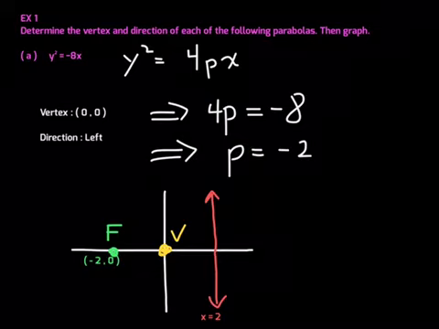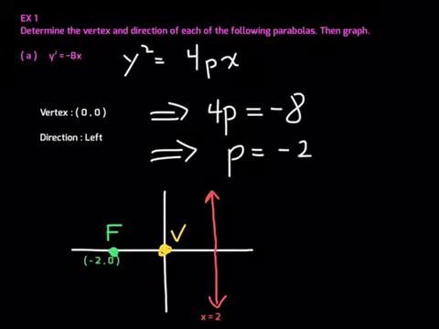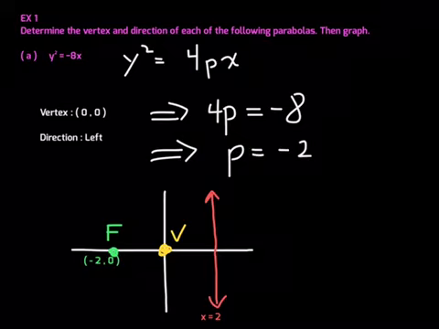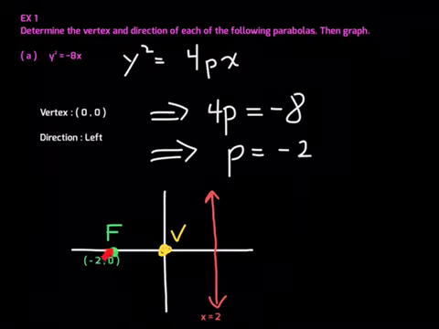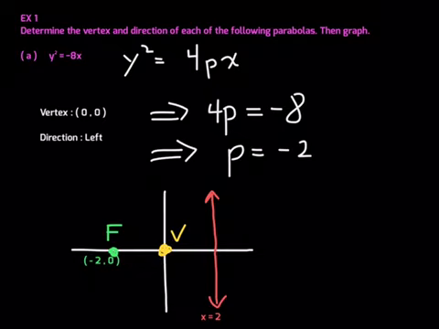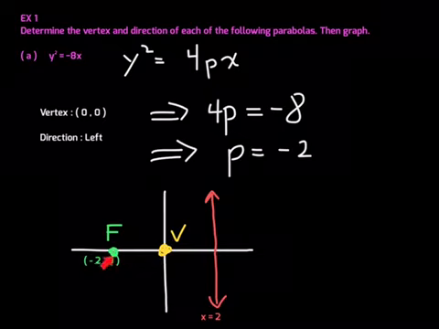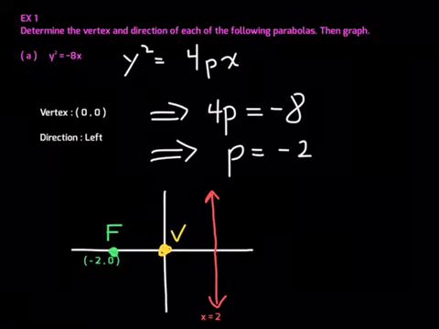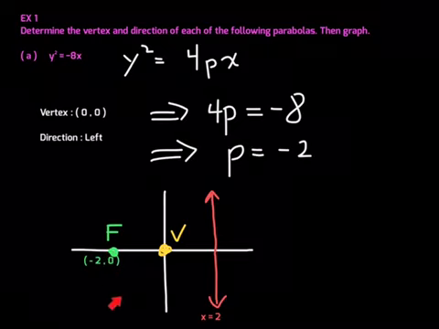So what we're going to do is from our focus, we're going to move up and down to find the endpoints of that latus rectum. But how many units? We're going to go up 2 times the absolute value of p units upward, and then we'll hit our parabola up there, and then 2 times the absolute value of p units downward to hit the parabola down here.